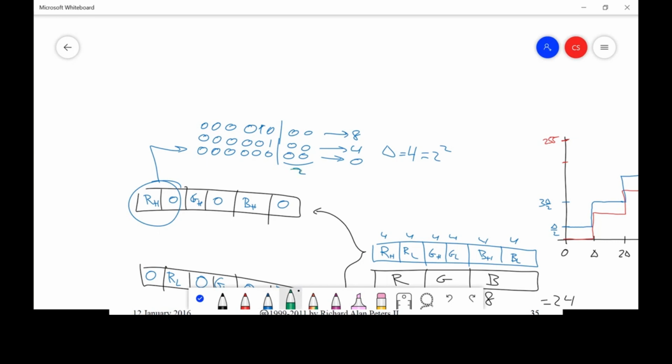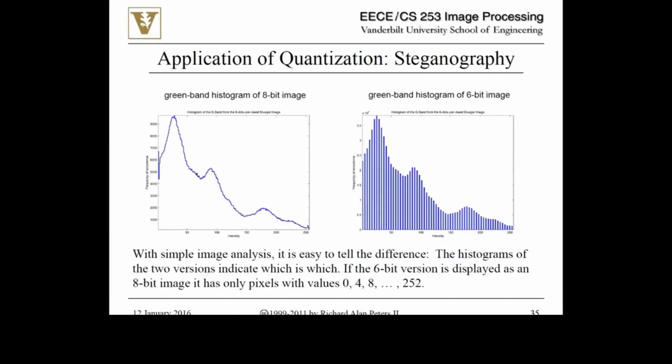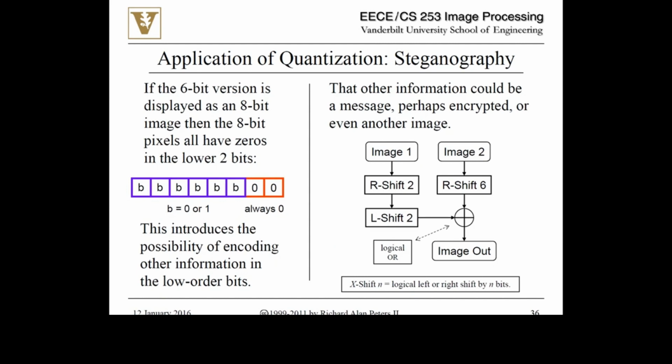So my steps have to be with delta equal 4. That is what I have. This is the histogram of the original image. This is the histogram in which each green value has been represented only with 6 bits. Okay, so this is what I was doing on the white screen.